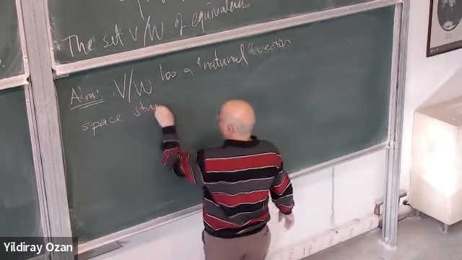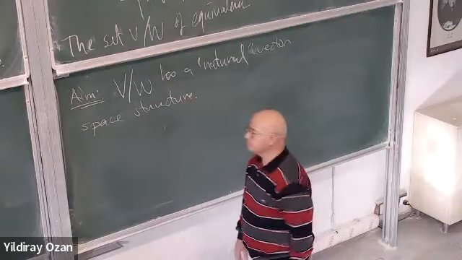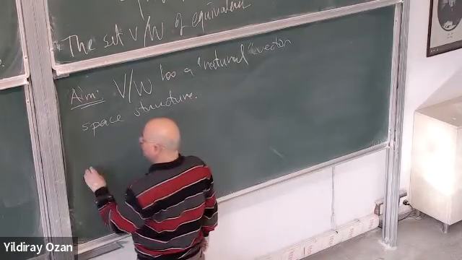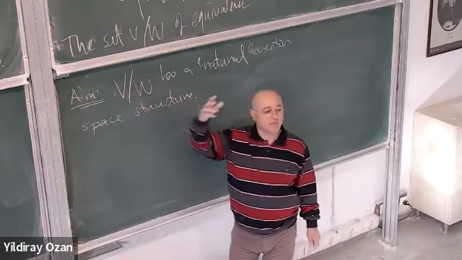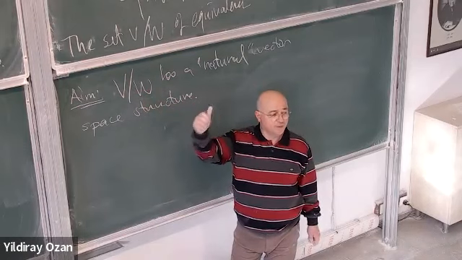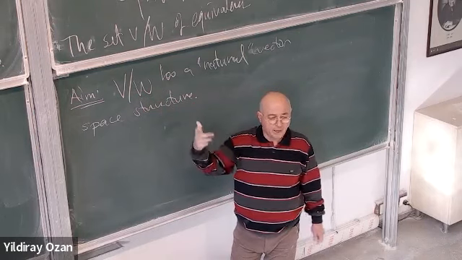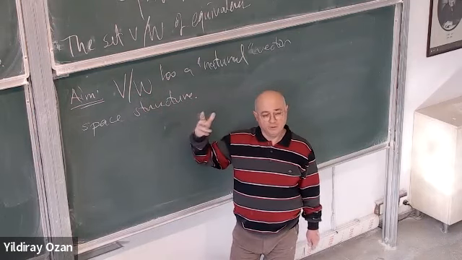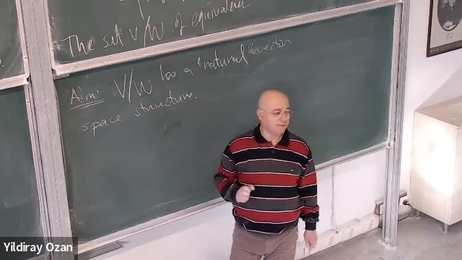Right. How? To show that this is a vector space structure, I have to define vector space operations. What are they? Addition and scalar multiplication. And then we have to show that those operations satisfy all the axioms of being a vector space.